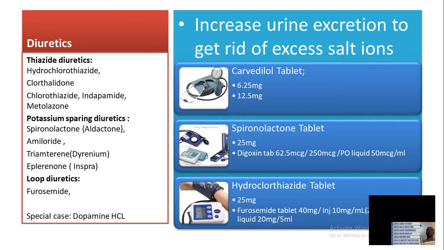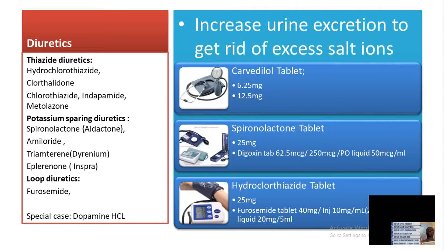And if you have carvedilol, it comes in tablets, that is 6.25 milligram, and 12.5 milligram. Spironolactone tablet comes in 25 milligram. Digoxin tablet comes in 62.5 microgram, 250 microgram, or we have the oral liquid, which comes at 50 microgram per milliliter.